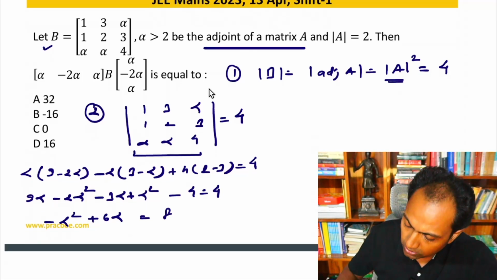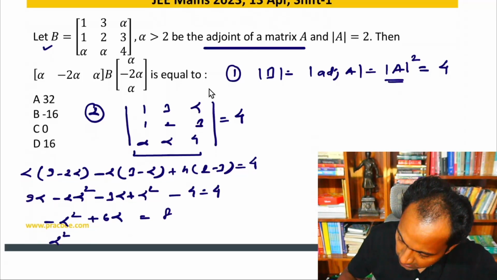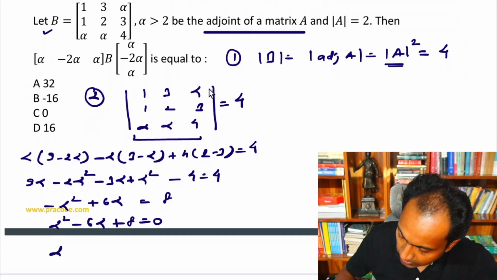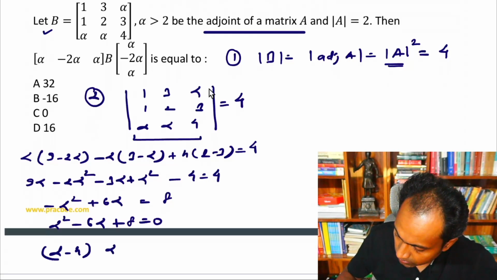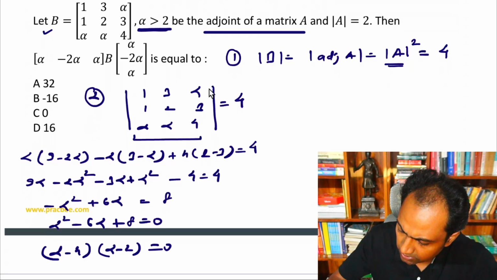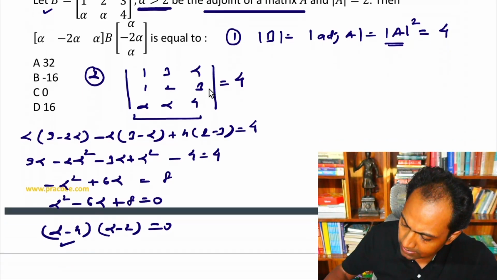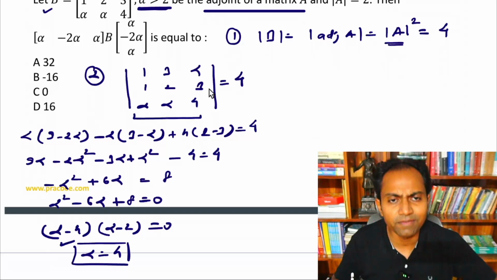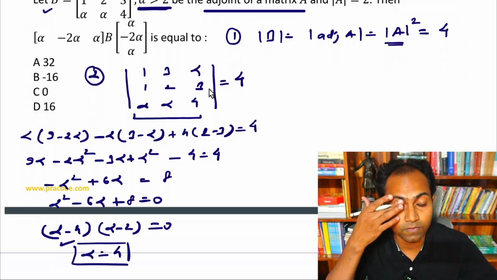If I take everything on the right hand side, it becomes alpha square minus 6 alpha plus 8 is equal to 0. This can be written as (alpha minus 4) into (alpha minus 2) is equal to 0, and the question says that alpha is greater than 2. So we can clearly see that from here the value of alpha comes out to be 4. We have done the second part of the question, figure out the value of alpha.